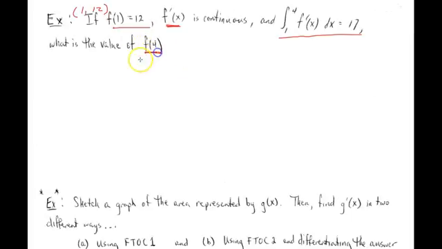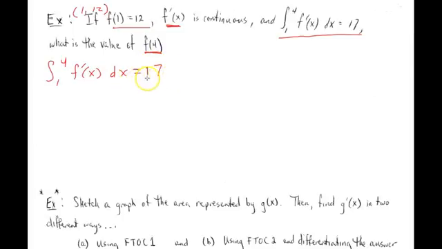We want to know what f of 4 is. So what this essentially is trying to get us to do is exercise the second part of the net change theorem, which is related to the second part of the fundamental theorem of calculus.